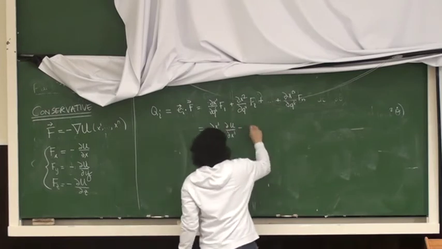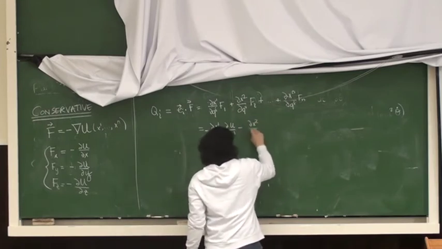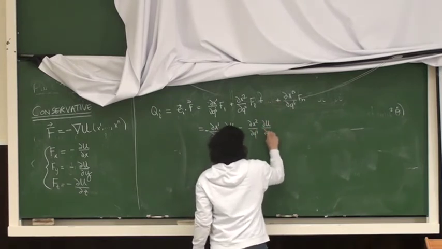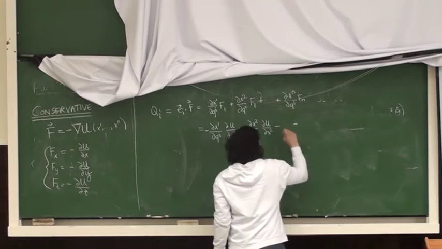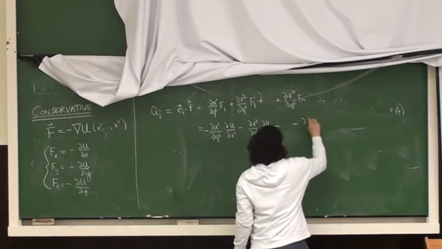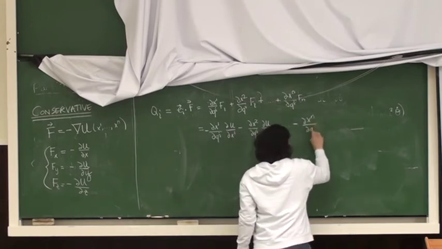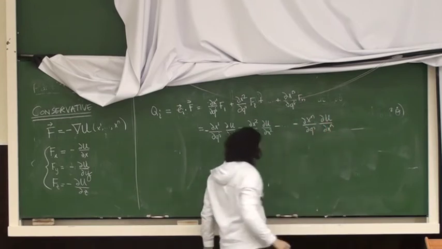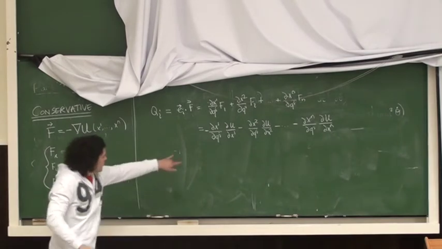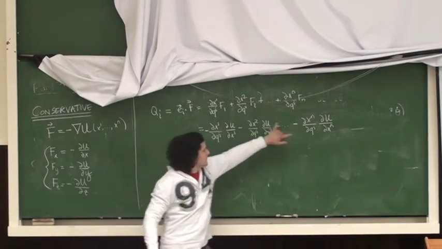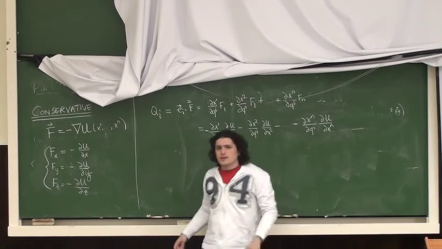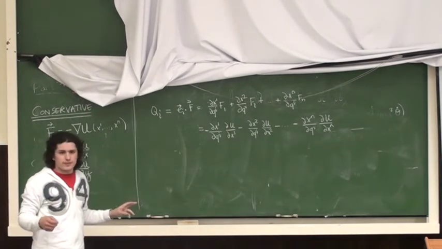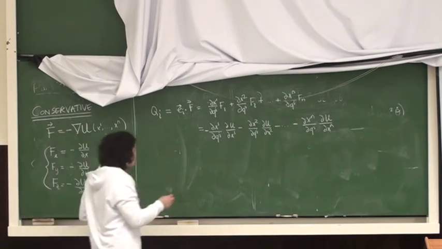We're going to have another minus ∂x2/∂q_i ∂U/∂x2, minus ∂xn/∂q_i ∂U/∂xn. Those of you who are familiar with the chain rule will be pointing this out. This looks like a multivariable chain rule. Okay, it is a multivariable chain rule.